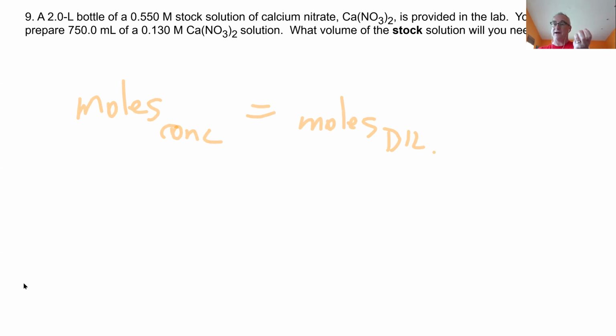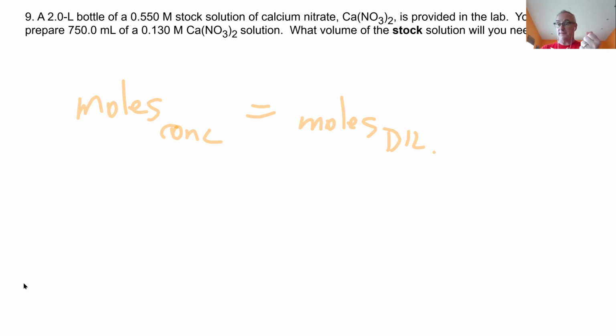So whatever number of moles you take from the concentrated solution to make the diluted solution, it's the same number of moles, right? All you're doing is changing the volume. You're changing the volume, you're changing the concentration, but the number of moles stays the same.